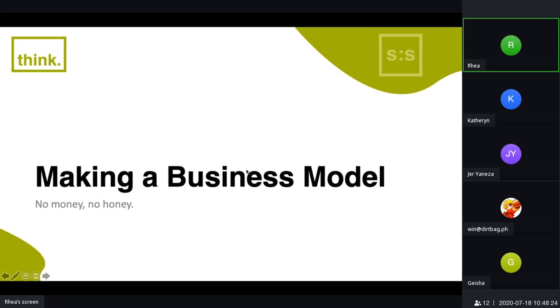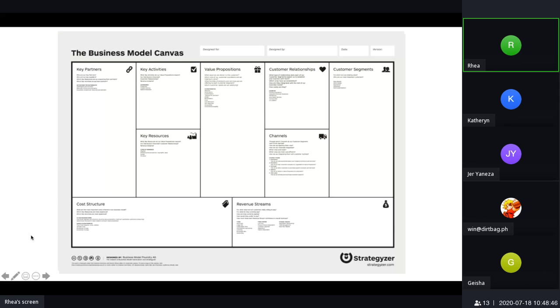As such, it is very important that you be able to finish, iterate, change, and pivot, should there be things that you deem not good or not essential in order to make a feasible business model. So to continue, this is how the business model canvas looks.